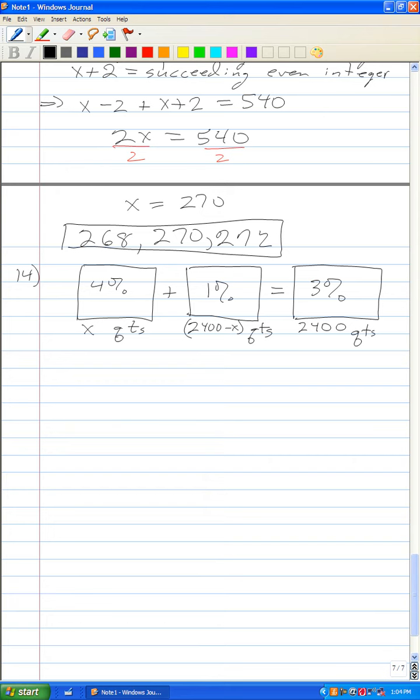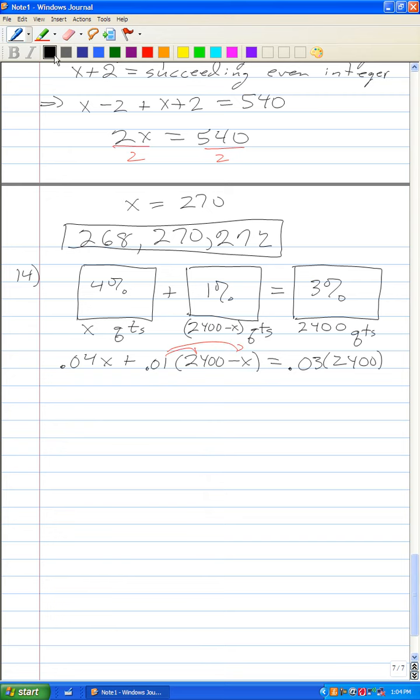And so let's write the equation. I have that 4% of x, 0.04x, plus 1% of the rest, 0.01 times 2,400 minus x, is equal to 3%, 0.03 times 2,400. Let me simplify this, multiply.